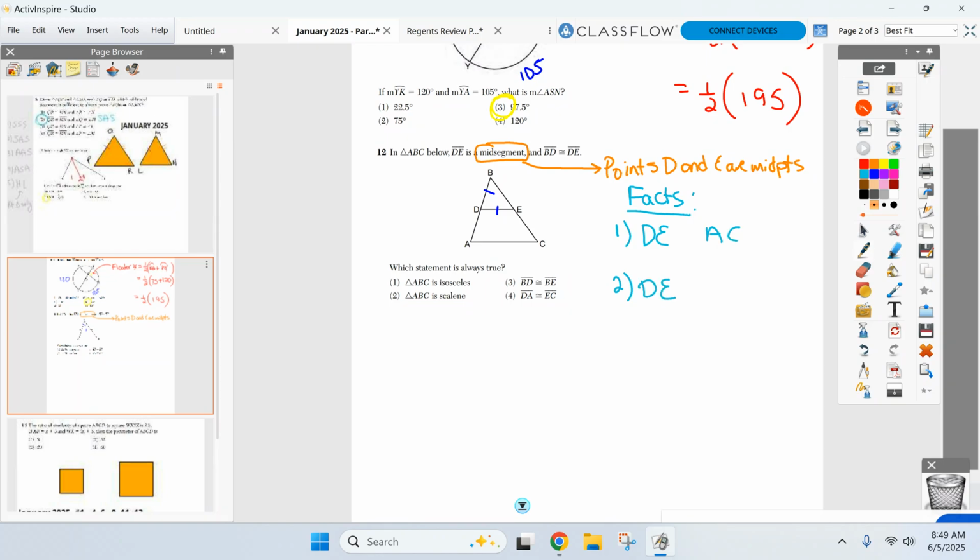First relationship, they're parallel to each other. A mid-segment and that third side are always parallel. And if you ever want to find the length of a mid-segment, it's always half that third side.